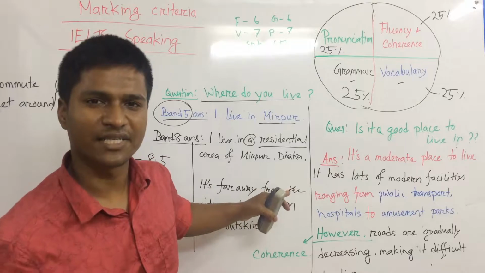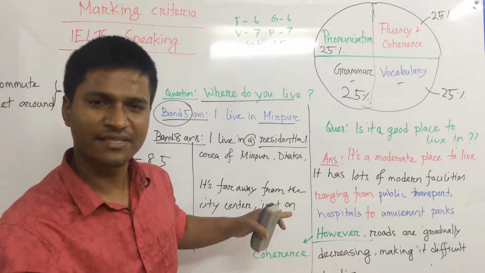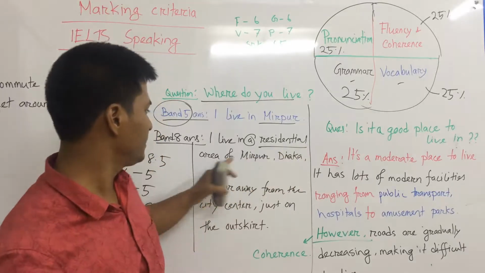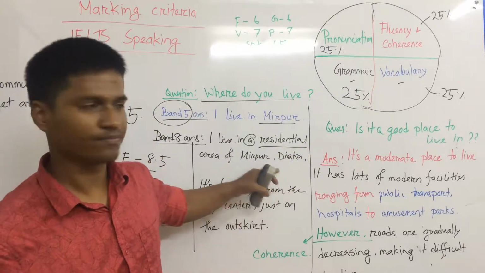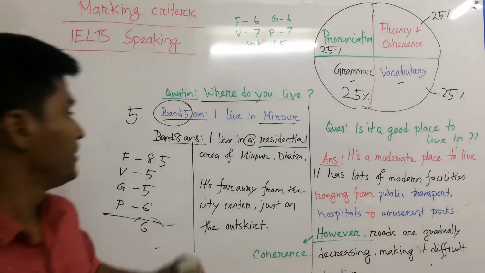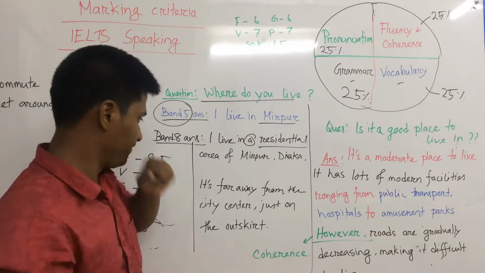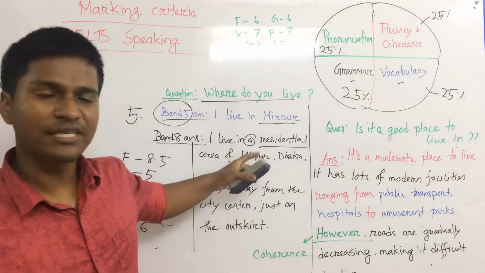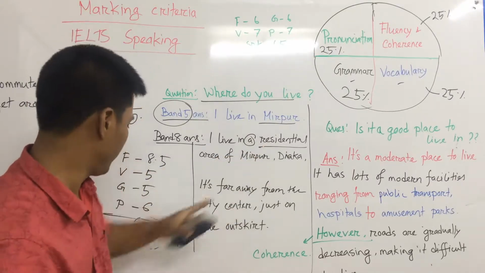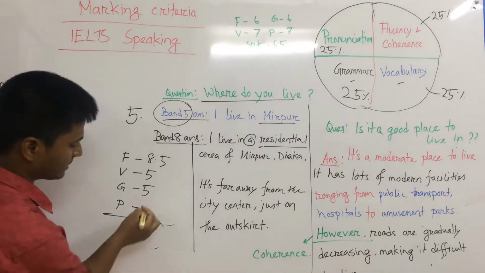It's residential. Residential area of Mirpur. So in the pronunciation part, because residential area is the correct pronunciation, maybe this time you are getting 7 in pronunciation.